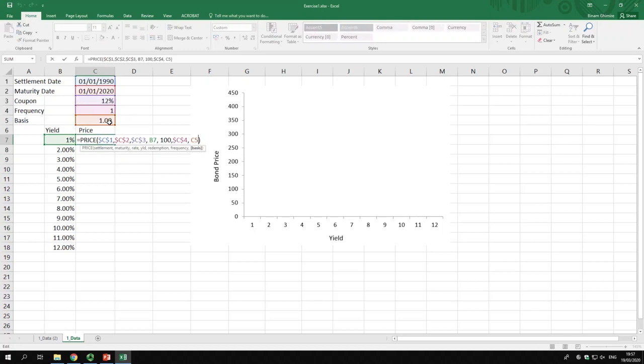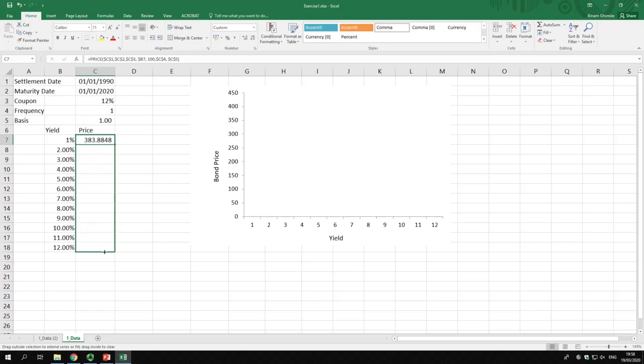Don't forget to lock C5, and in the case of B, we don't want column B to move, therefore column B should remain fixed as well. Now if you drag it down, you will see the price of the bond for different yield rates, and as soon as I click OK, you will also see the bond price and yield relationship in this graph.